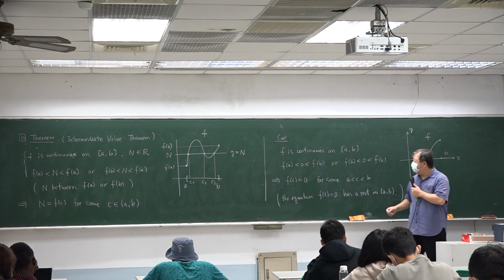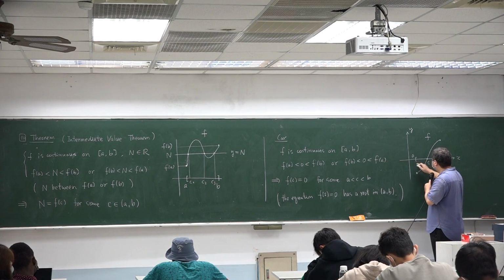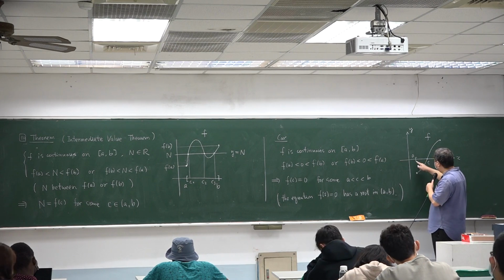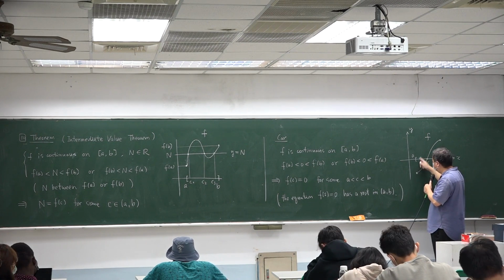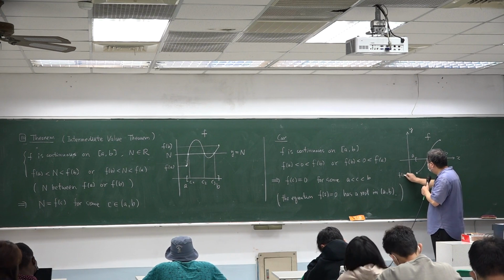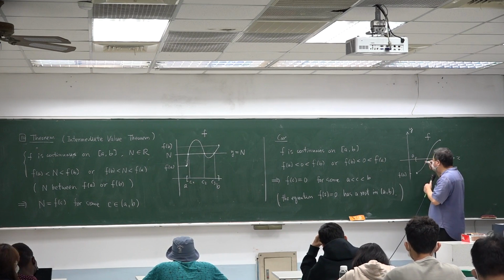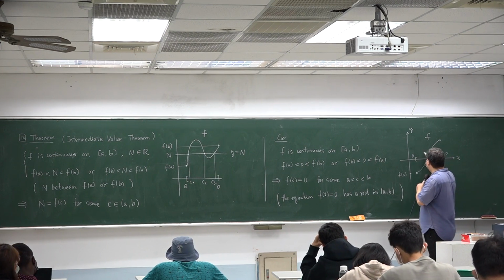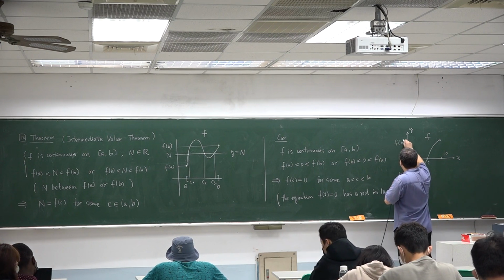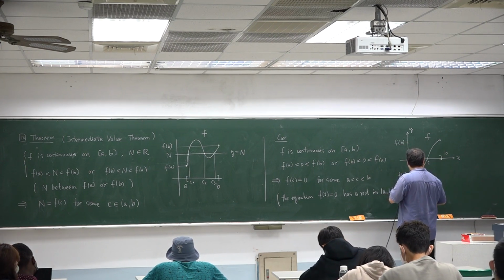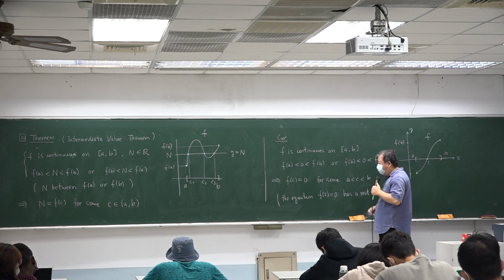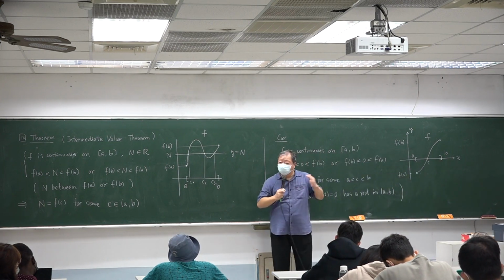C cannot be A here, because for a given number A, there is only one number corresponding to this number A. f of A is already less than 0, so f of A cannot be 0, so C cannot be the number A. Similarly, C is different from the number B. Therefore, C must be interior to this interval.